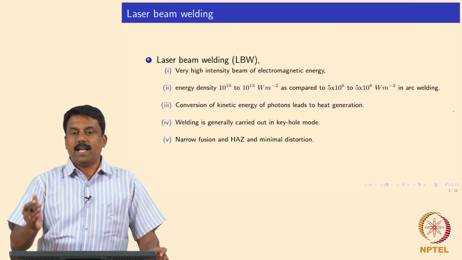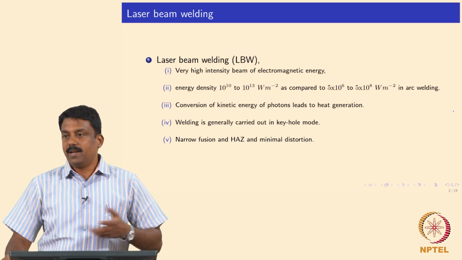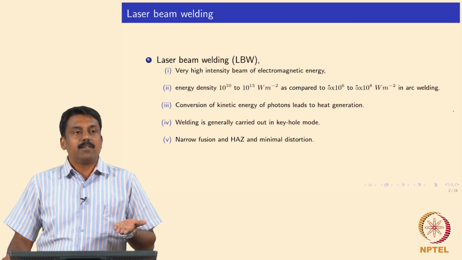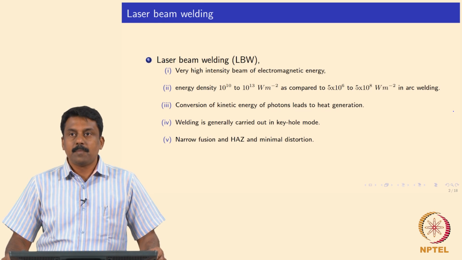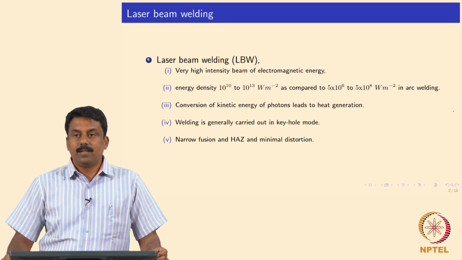We can also access sharp corners or geometrically difficult positions, whereas in a conventional arc welding setup you have some geometrical limitation. In a laser we can manipulate the beam very easily.